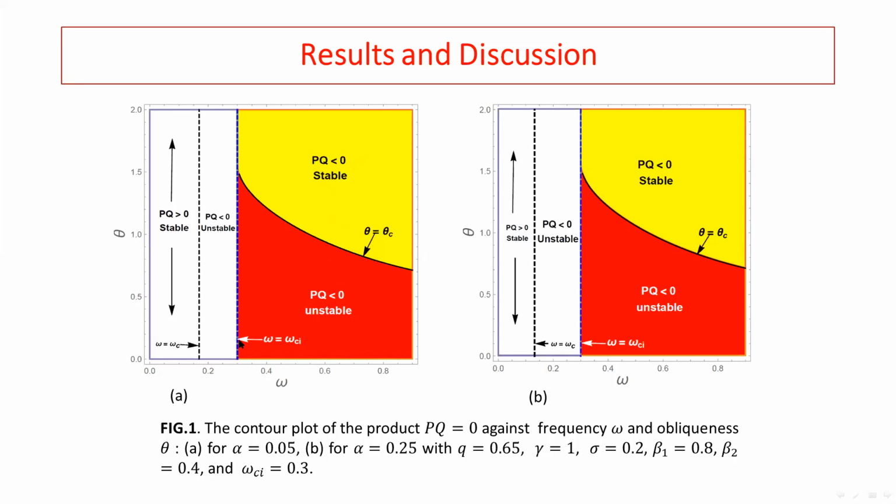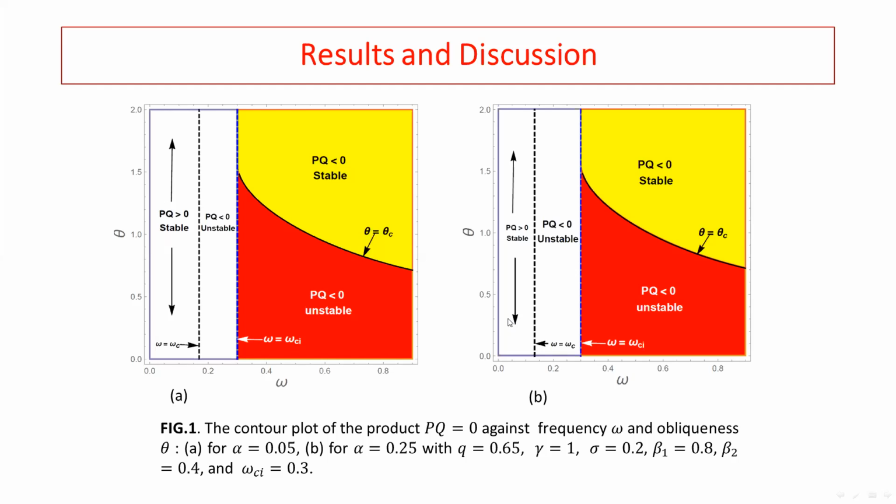For omega equal omega cyclotron frequency, we have the region of PQ less than 0 unstable. For omega equal omega critical, for omega less than omega critical, we have a stable region for PQ greater than 0.